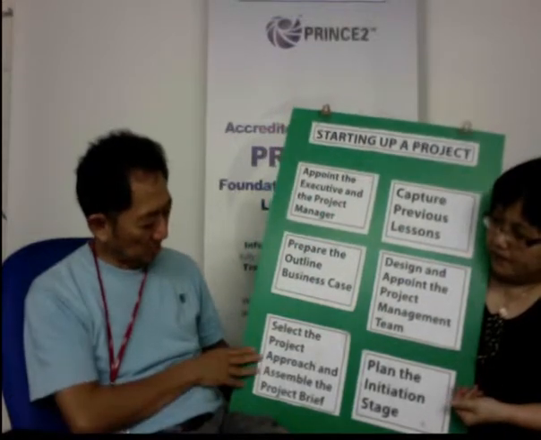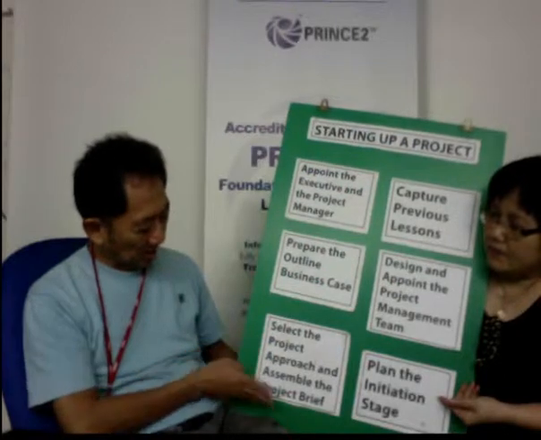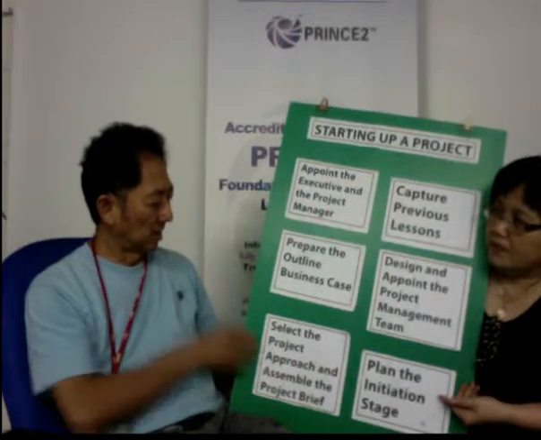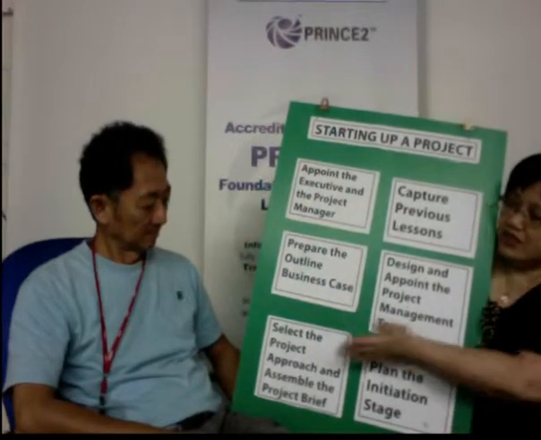What about this thing called project approach? Well, I see they've got two things here. One is to choose the project approach, and they put it in the same kind of box, assemble the project brief. So, what exactly do you mean by the project approach? Okay, when we have a mandate, this is a pre-project stage, so we have to quickly gauge what approach we want to take to deliver the solutions, products or services that are required.